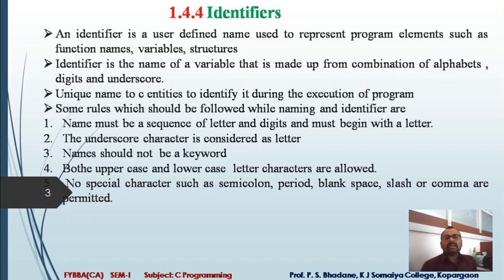The underscore character is considered a letter. That means your identifier name should start with A to Z, a to z, or underscore. The name should not be a keyword. Previously we saw the 32 keywords that are reserved words, and they are not used as identifiers.